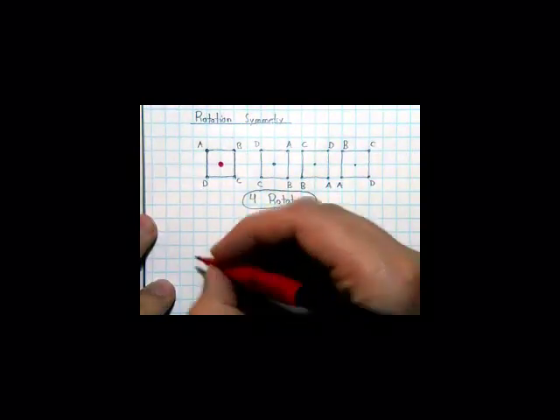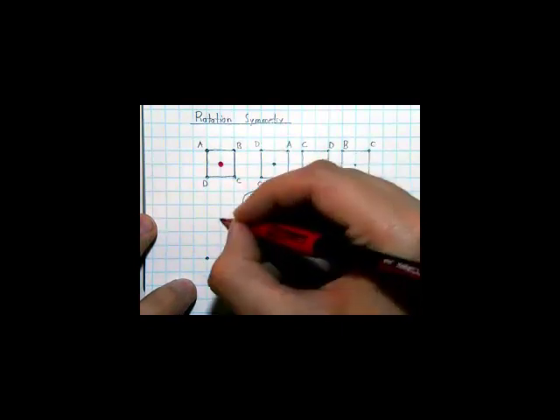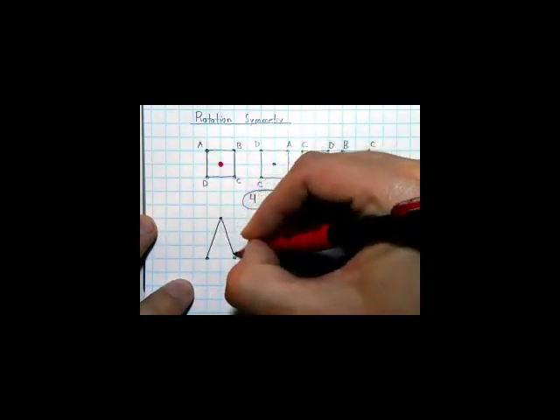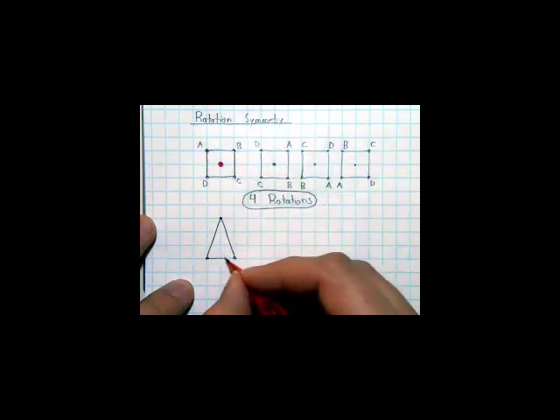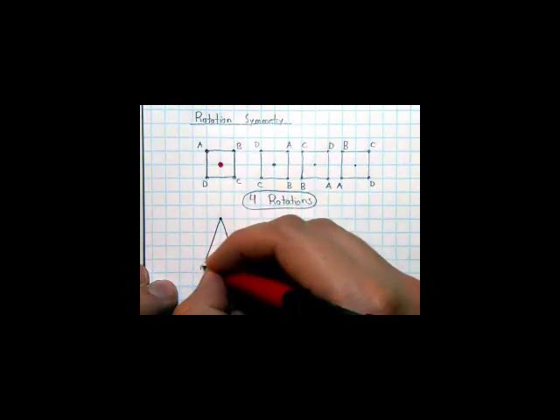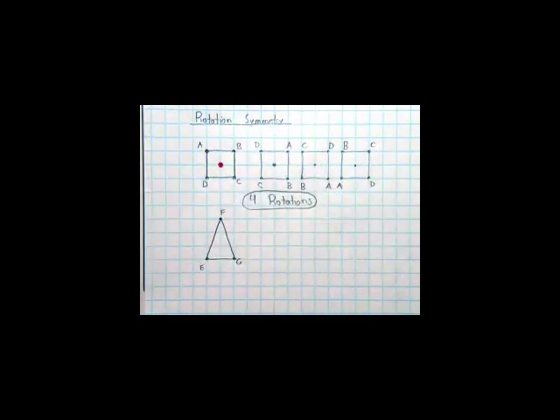Okay, so let's take a look at a few other figures here. What am I up to? E, F, and G. So does the triangle EFG have rotation symmetry?